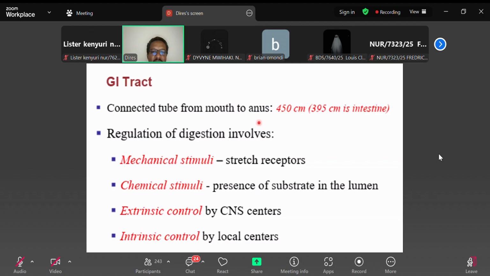For example, when you eat a food which is very rich in fat, what do you think will happen to your appetite in the rest of the day? Is your appetite inhibited or stimulated? If you eat fat rich food, what will happen to your appetite in the rest of the day? Will it be stimulated or inhibited?